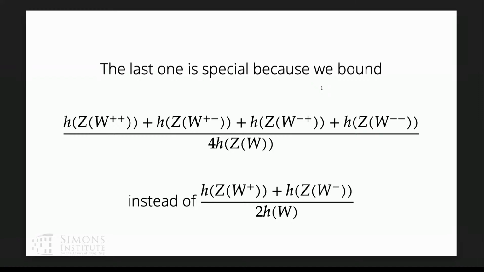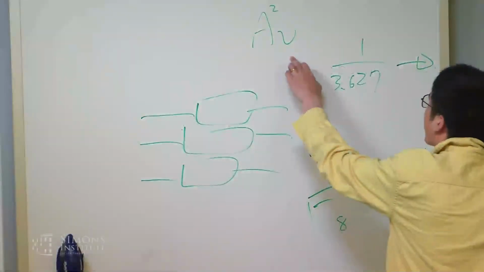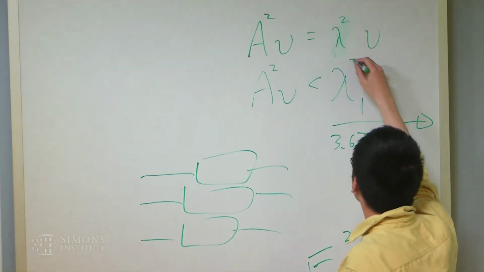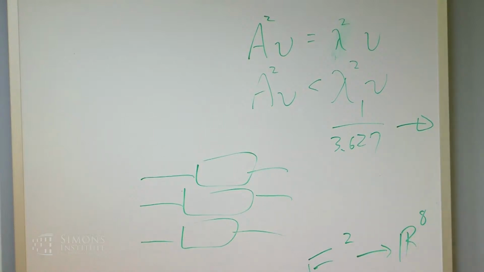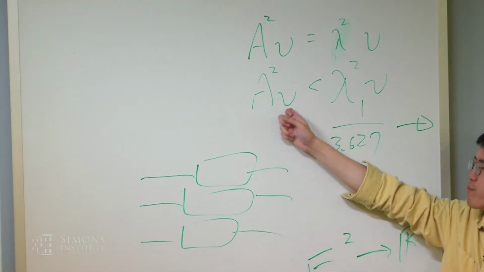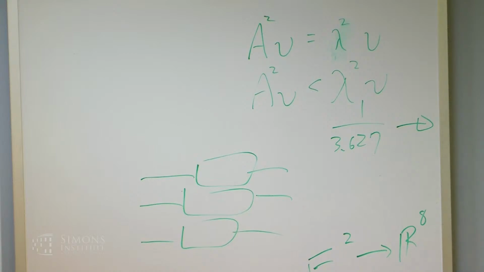So the situation is like, using a discrete analog, if you have a matrix A and V is its eigenvector, then A squared V is going to be lambda squared V. But if V is not an eigenvector, then it's going to be smaller than lambda squared V. So what we prove is that it is not possible to find an eigenvector.